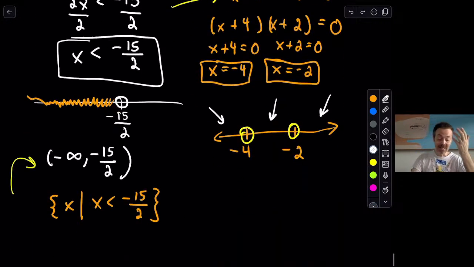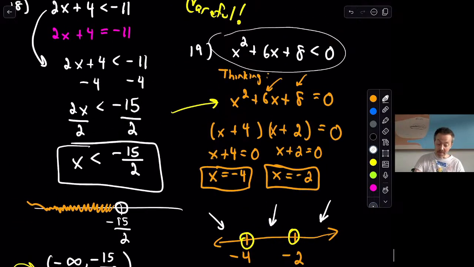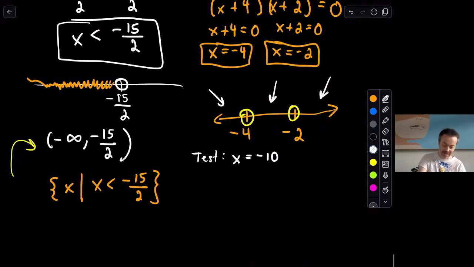Well, you can take any point from that interval. So I'm going to test, let's say from this first interval, something less than -4. I'm going to use x equals, you may say -5. I'm going to use -10, just because a lot of times that makes the arithmetic, for me, easier. So again, I'm plugging it back into x squared plus 6x plus 8. So let me maybe jot this down. So we're testing x squared plus 6x plus 8, and we're really asking ourselves, do we get something less than 0?